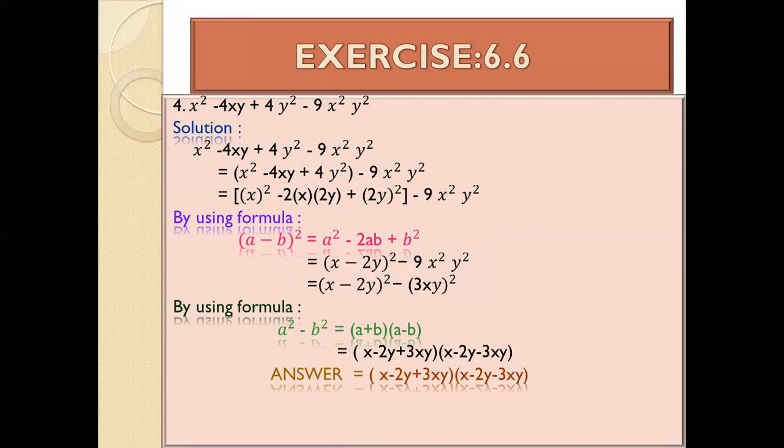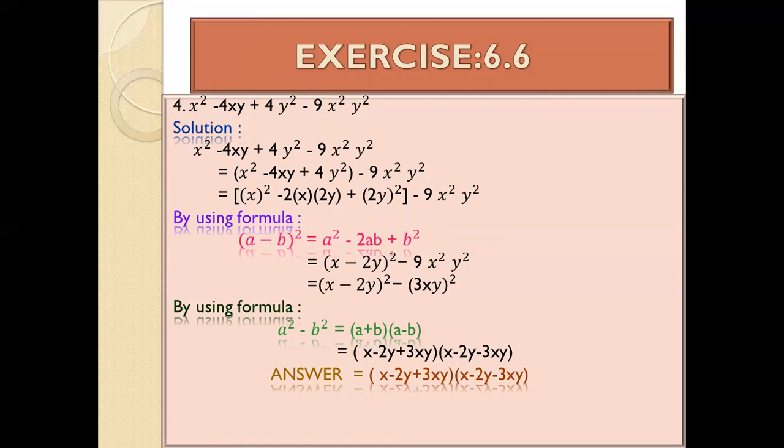Again the same, we enclose the first 3 terms within a bracket and leave the last one. x² is the square of x and 4y² is the square of which number? 2y. x² − 2 into x into 2y + (2y)², and −9x²y² is left outside the bracket.